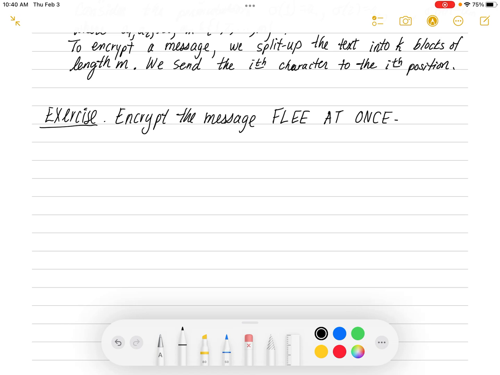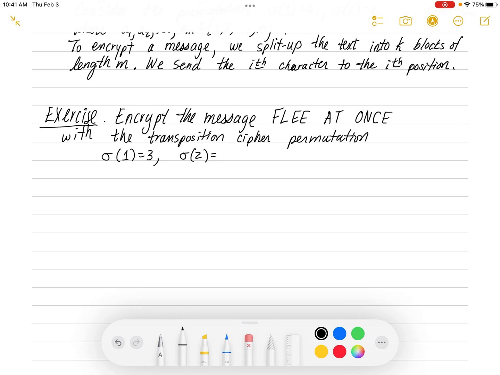Now, with a certain permutation, with the transposition cipher, permutation sigma of 1 equals 3, sigma of 2 equals 1, sigma of 3 equals 4, and sigma of 4 equals 2.